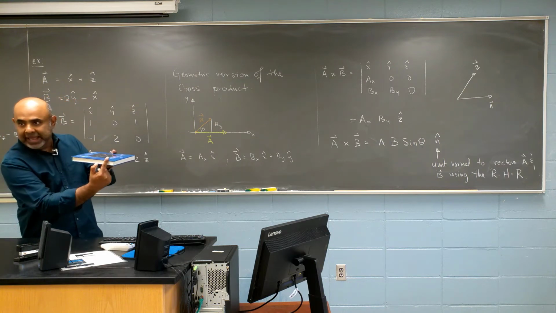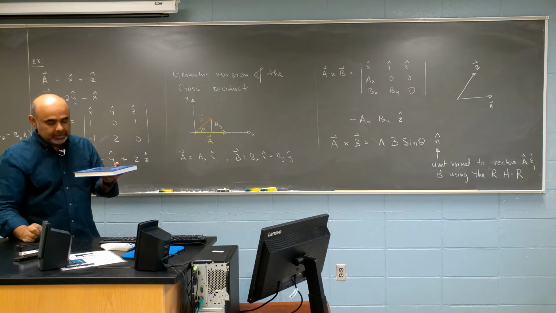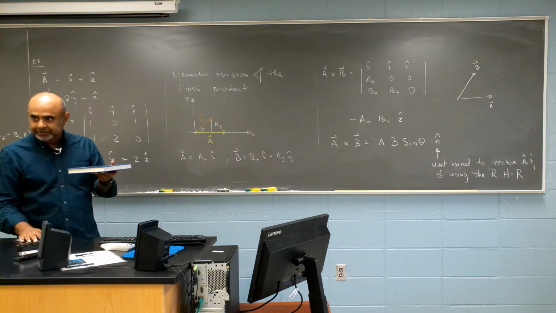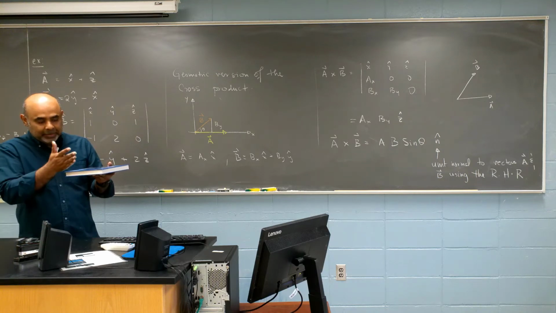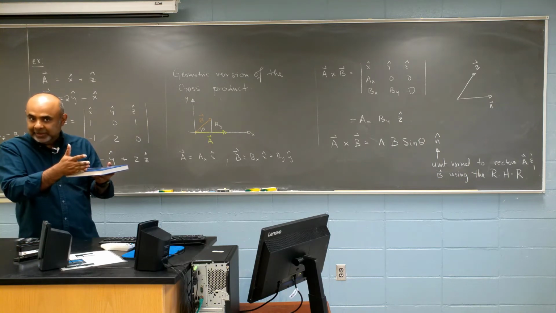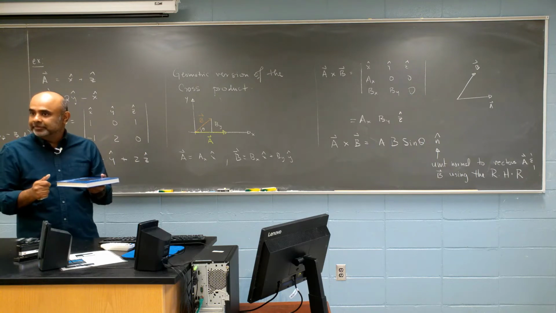This is my vector A, B is at some angle. Take your right hand. Take the edge of your palm, place it along vector A. Sweep towards the vector B, and your thumb points in the direction of the right-hand rule.